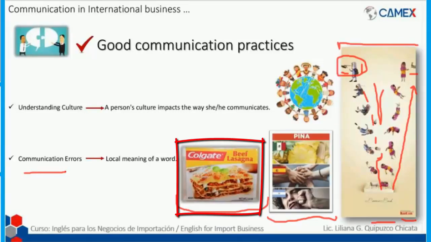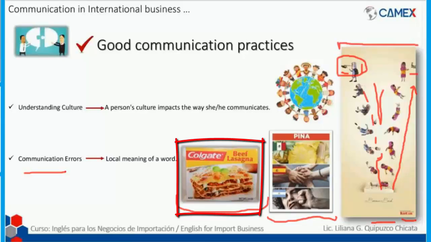So when I say to you Colgate, you immediately think about what? Cleaning your teeth, right? Toothpaste, right?